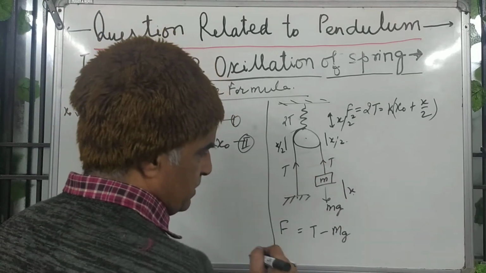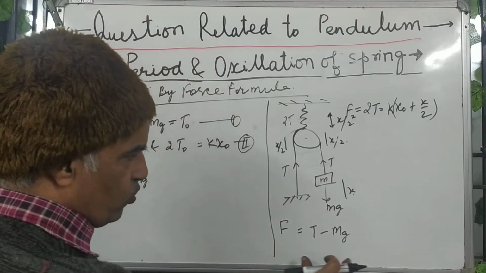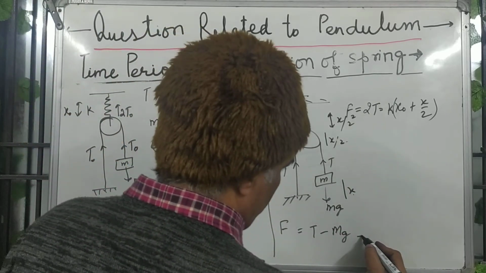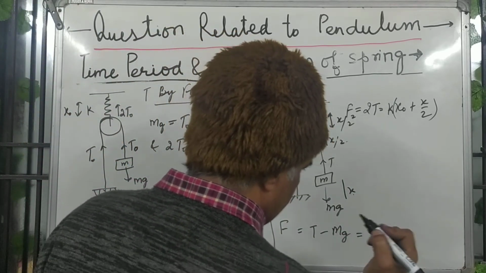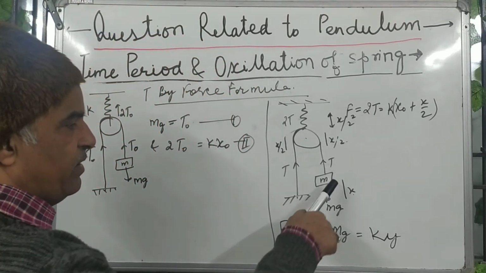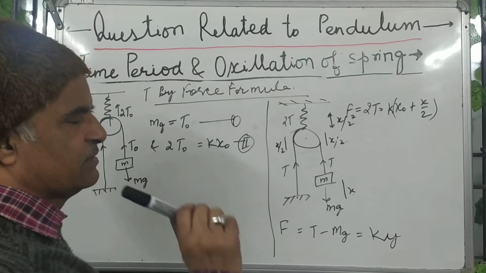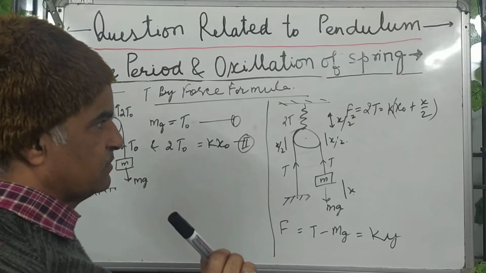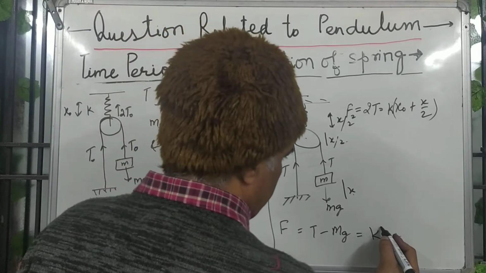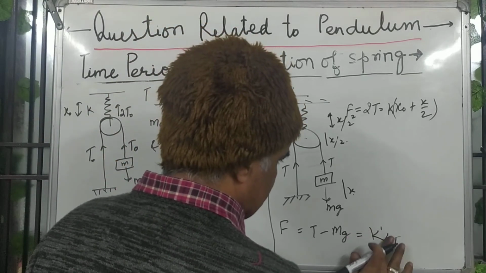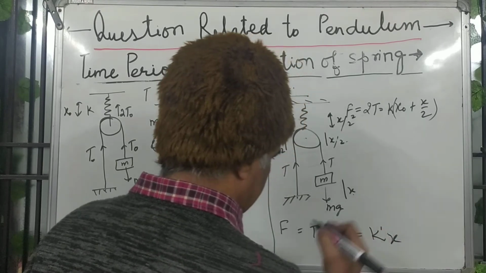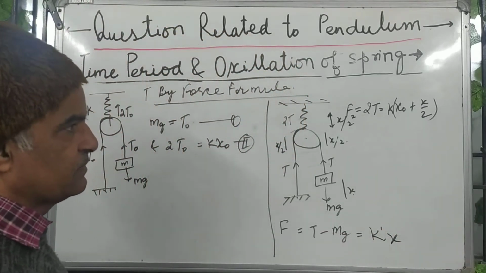Now in this operation, for the oscillating body, this is equal to ky, k of these oscillations, or you can write k dash. In place of y, x is taken, so you must write k dash x.